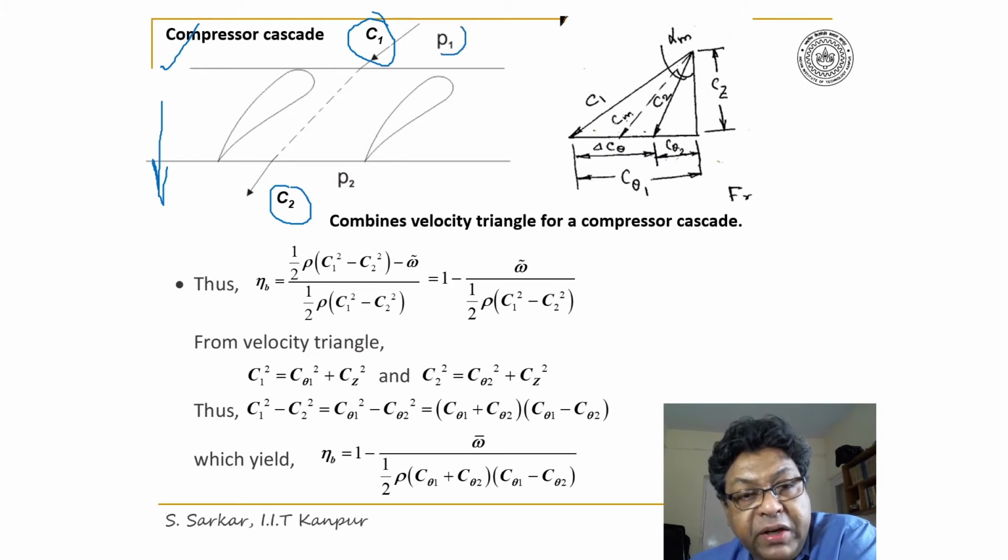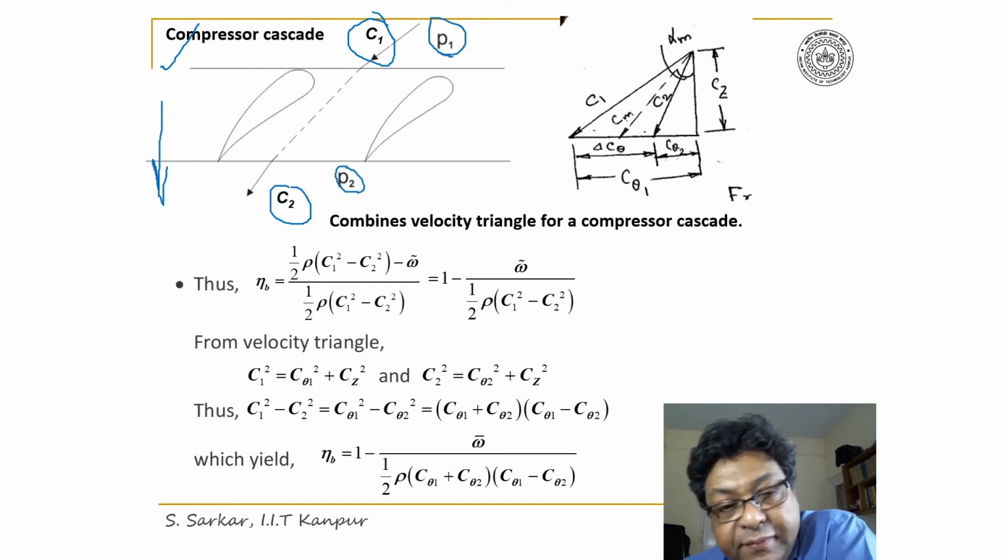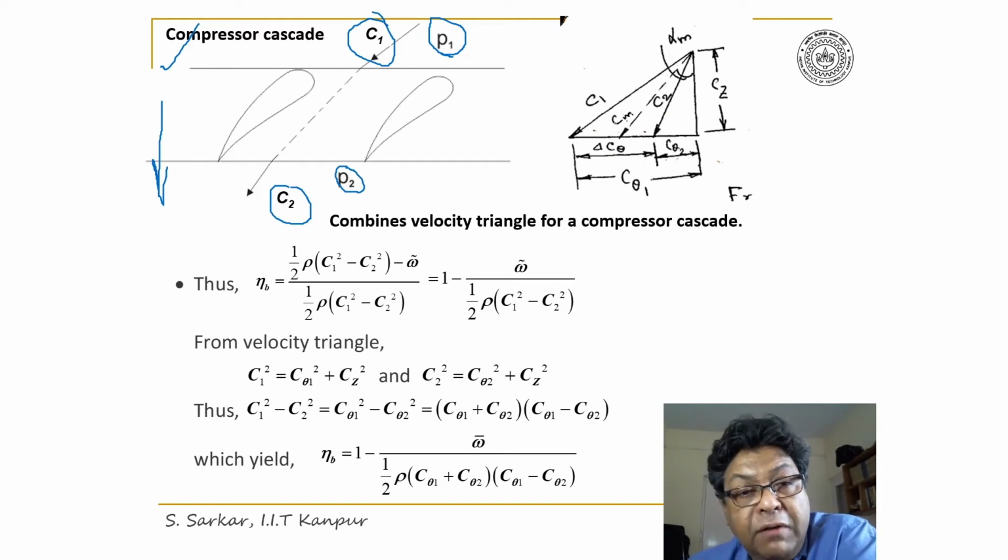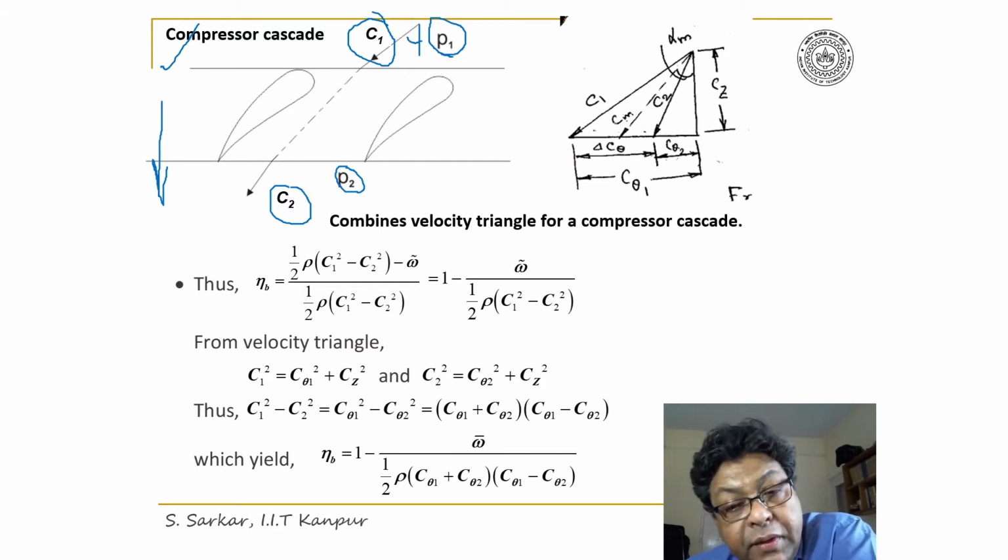P1 is the pressure at inlet and P2 the pressure at exit of the cascade. Now alpha 1 be the angle that C1 makes with the Z axis, and alpha 2 similarly be the exit absolute flow angle.